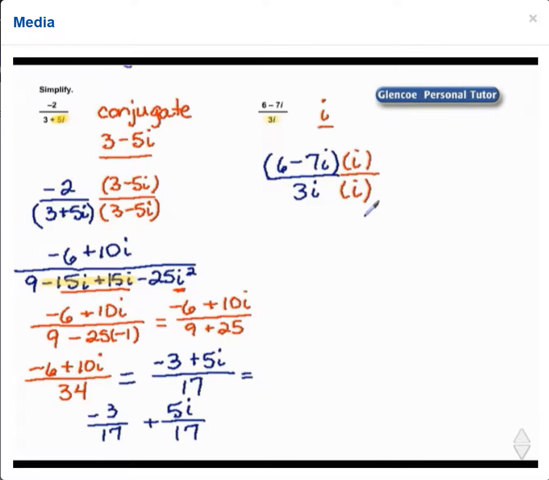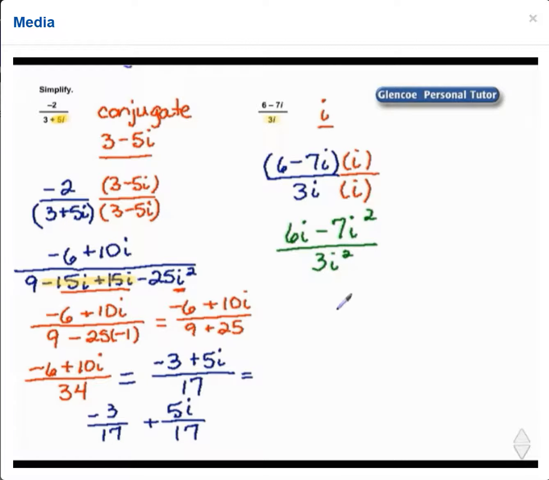Okay, now we're going to distribute the i. So we'll have 6 times i, which gives us 6i. And then we distribute negative 7i times i is going to be negative 7i squared. And now the denominator, 3i times i is 3i squared.